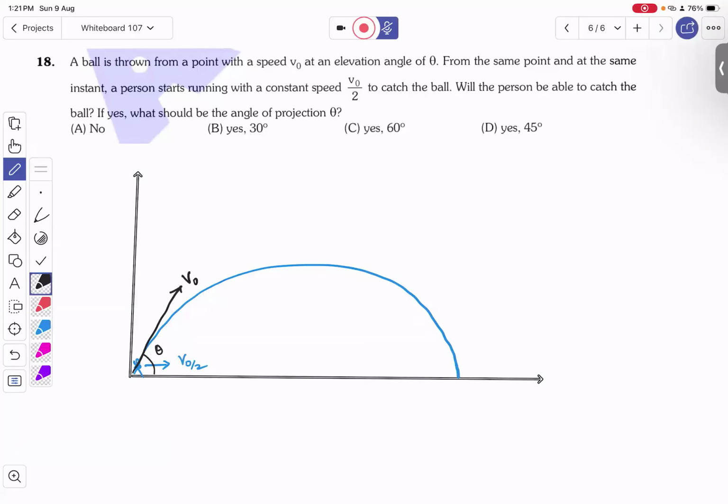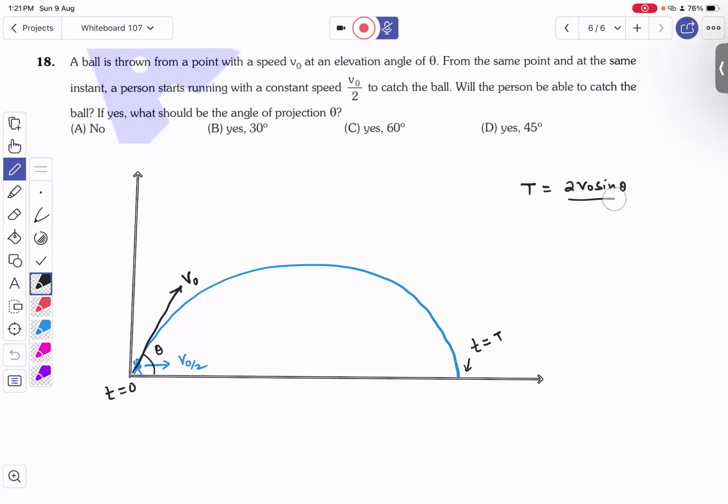Both of them start at the same time, so less confusion. And both of them must arrive here at the same time, which is the time taken by the projectile to reach here. The time of flight result we know, 2v0 sin theta by g.